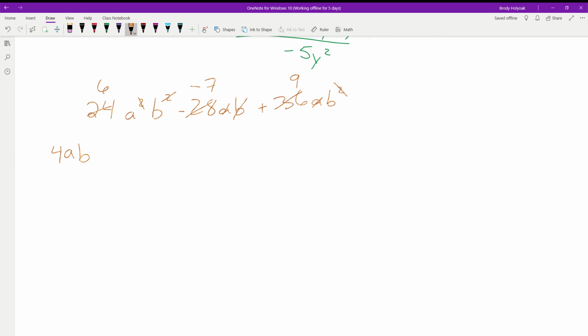So is there anything else that we could pull out of there? No. So what we're left with is 4ab times 6ab minus 7 plus 9b. Now we've simplified it down into a polynomial and a monomial. But for one, we got rid of the squares.